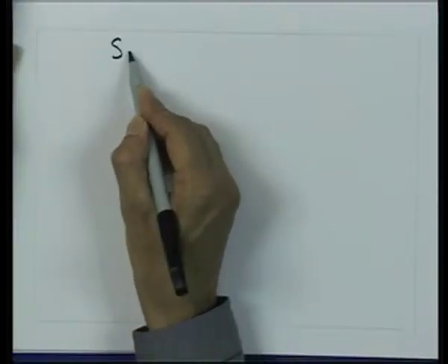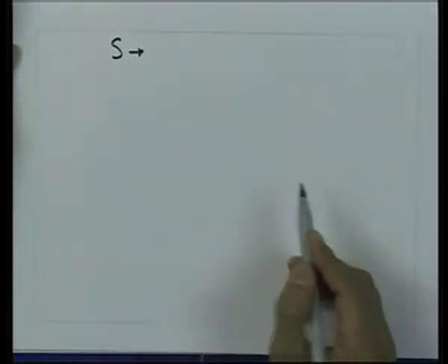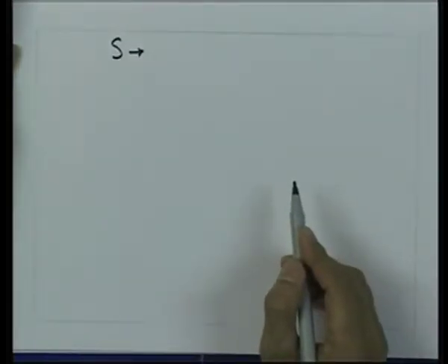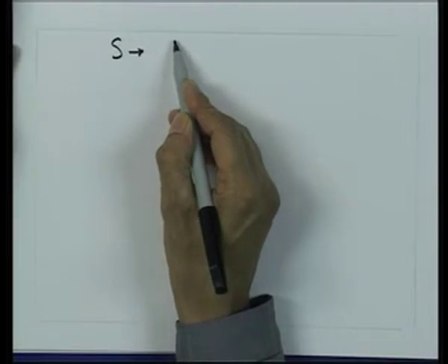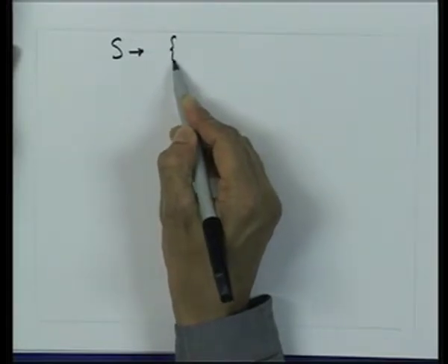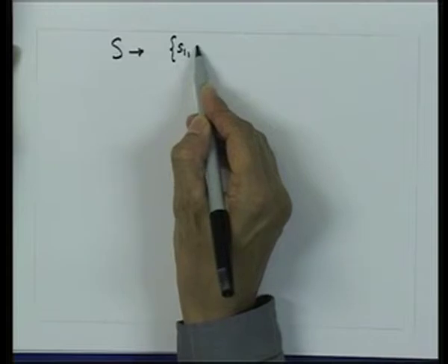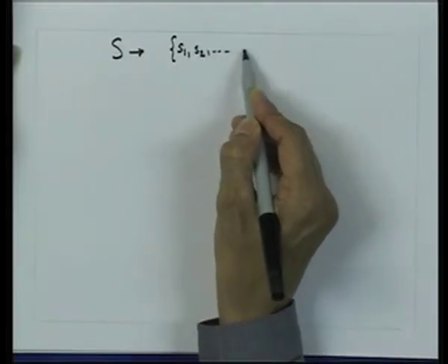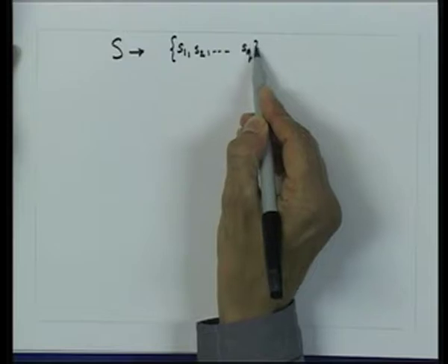Now let us take some clue from this example and try to discuss it in a more generic fashion. Suppose I have a source S which is a Markov source, it could be of any order, and this source S will obviously have some source alphabet. Let us assume they are given by S1, S2, and SQ.